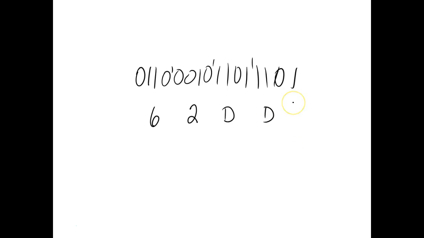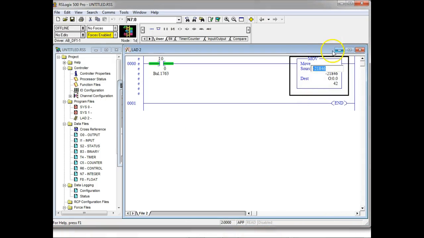Well, I've come up with my code now, right? You understand? So what I would do is I would come into RSLogix now, and I would enter what? 62DD. But I'm going to say what? H. Now it's a positive. It's going to say it's positive because the 15th bit wasn't set, right? I'm going to enter that. And then what I'm going to do now is I'm going to download it.